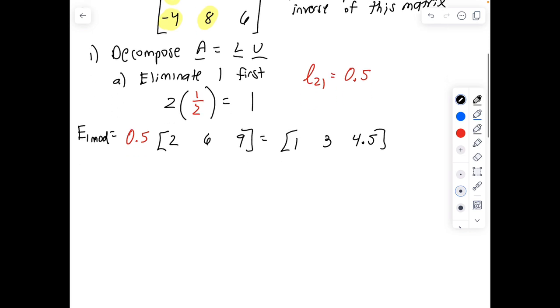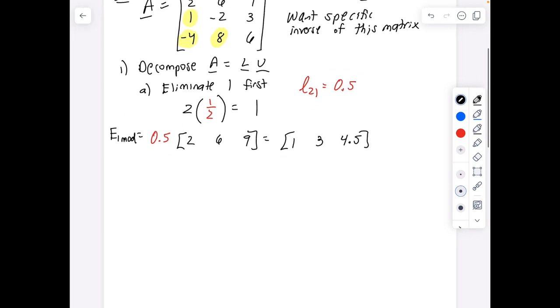So what we'll do now is we will do E2 minus E1 mod. That will be 1, -2, 3, minus 1, 3, 4.5. And we subtract element by element. So 1 minus 1 is 0. -2 minus 3 is -5. And 3 minus 4.5 is -1.5.